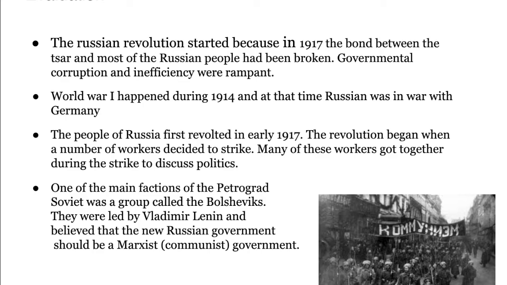It also seized farmlands from landholders and distributed them among the peasants. Women were given equal rights to those of men, and religion was banned from many aspects of society.